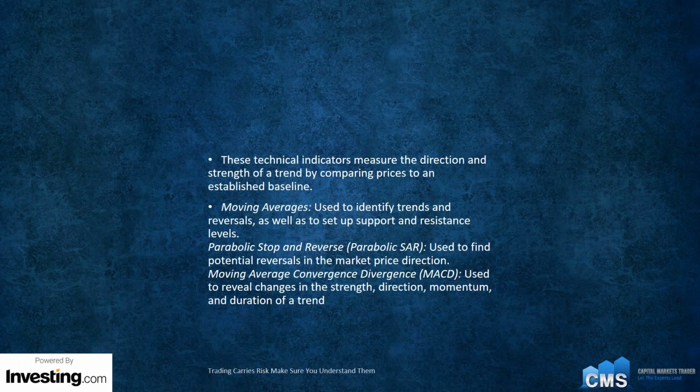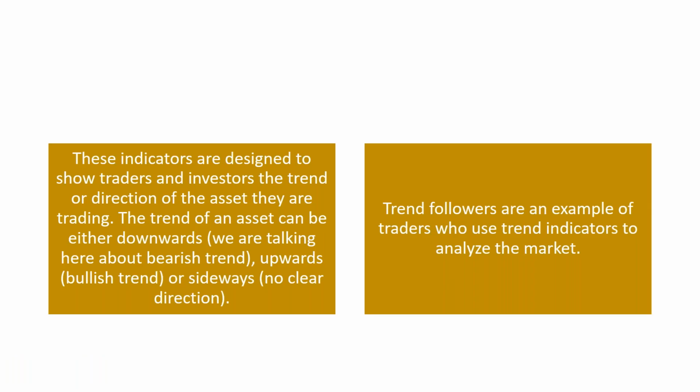These technical indicators measure the strength of a trend by comparing price to an established baseline. Moving averages are used to identify trends and reversals as well as to set up support and resistance levels. Parabolic stops and reversals are used to find potential reversals in the market, and moving average convergence and divergence, which I keep talking about because it's one of my favorite indicators, is used to reveal changes in strength, direction, momentum, and the duration of the trend.